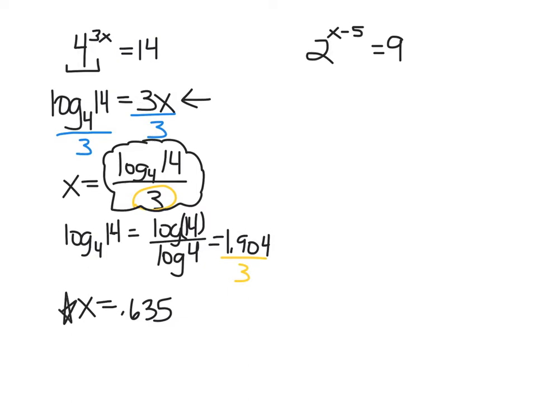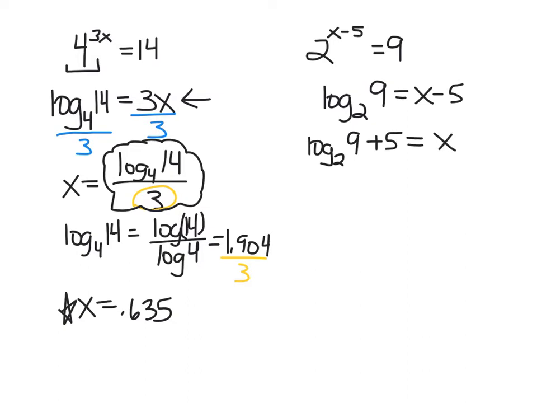So if I look at the next problem, it's already isolated the base. So log base 2 of 9 equals x minus 5. And then what do I need to do to get x by itself? We're going to add 5 to both sides. So log base 2 of 9 plus 5 is my exact answer. I'm going to use the change of base formula, so I'm going to type log 9 divided by log 2 in my calculator.